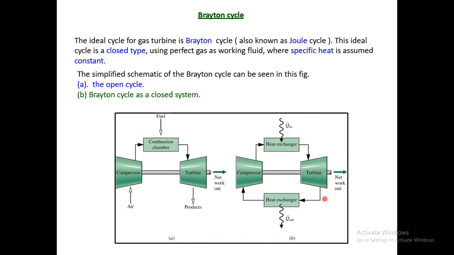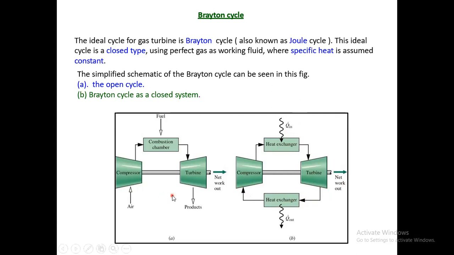In the loop form, the heat from the turbine goes to the heat exchanger and is provided to the compressor, and the cyclic process repeats again and again. This is the heat inlet and this one is the outlet. The result is formed as the net work out in this way.